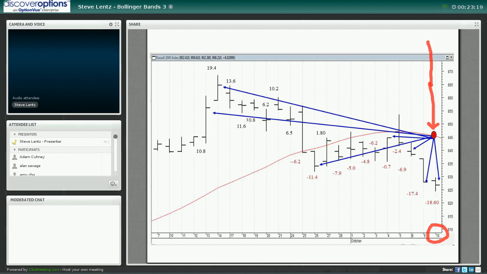We start out with the current mean over the last 20 days. And it's right there at, say, 845 and change. Let me change colors, okay. We take the difference between this moving average and the close, and we go to each one of those closes for the last 20 days.